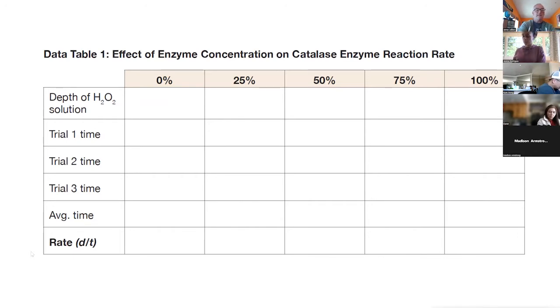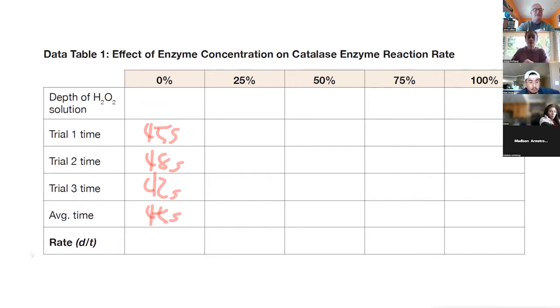So we're going to be looking at the different times it takes. From each trial, let's say it takes 45 seconds, 48 seconds, 42 seconds. Then we take the average, let's say 45 seconds.